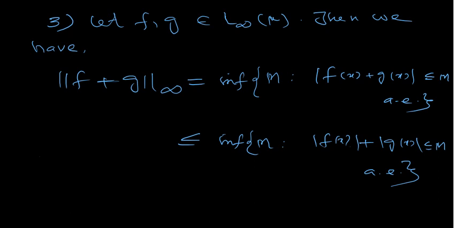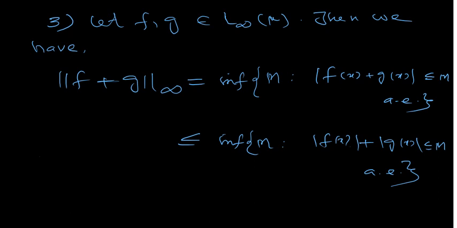Let me show this: the set of m such that mod of fx plus mod gx is less or equal to m is smaller than the set of m such that mod of fx plus gx is less or equal to m. This set is bigger, and this is the smaller.